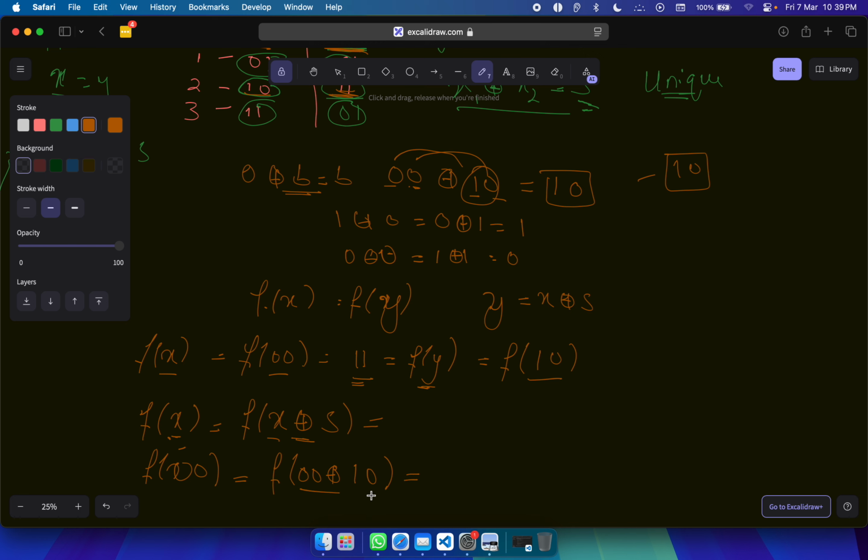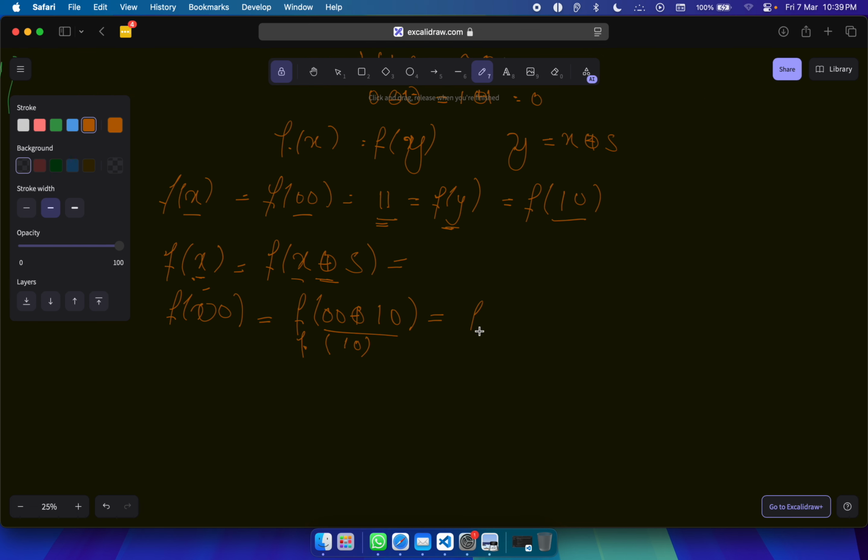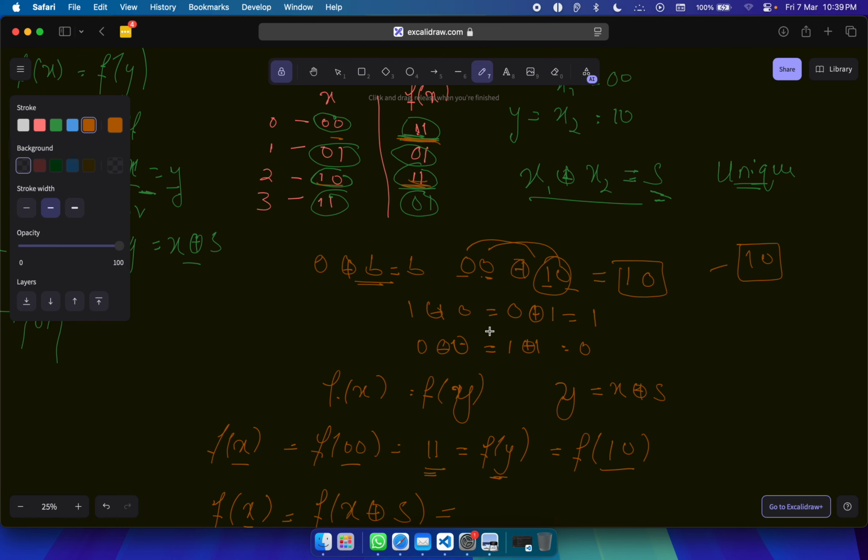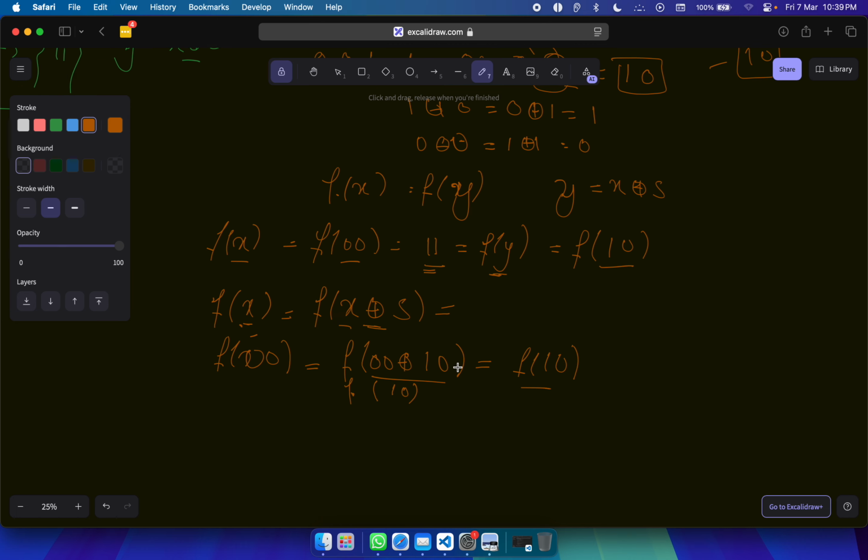You know that this gives us 1 0, and so we get f of 1 0, and we actually see that f of 1 0 is indeed 1 1. So now we have cleared another concept, that these things have to be true as well, right?